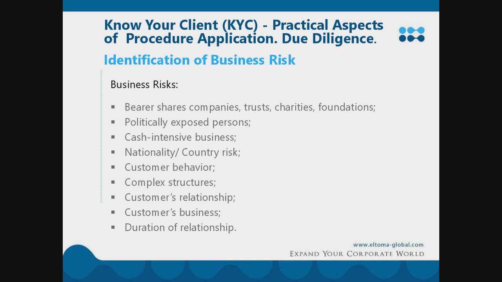Complex structures are when a legal entity has in its structure several more legal entities, like a corporate shareholder, corporate director, or several of them. Also strange customer relations, high-risk customer business, and duration of relationship.